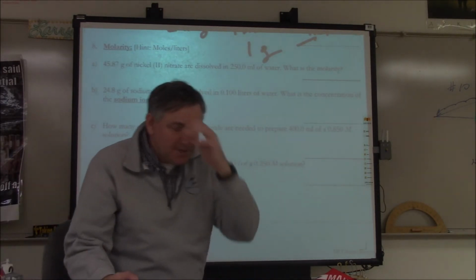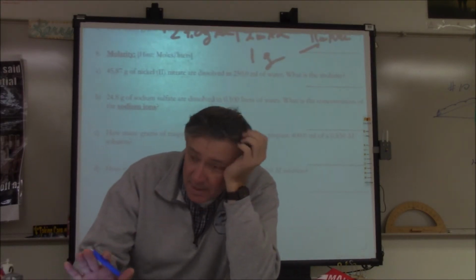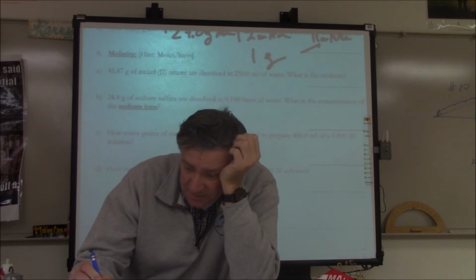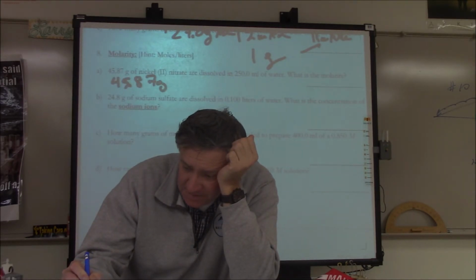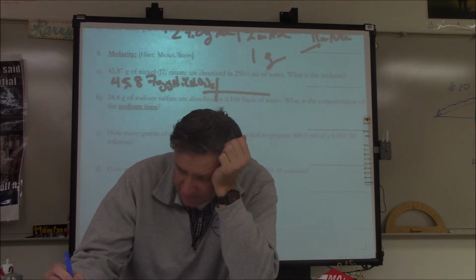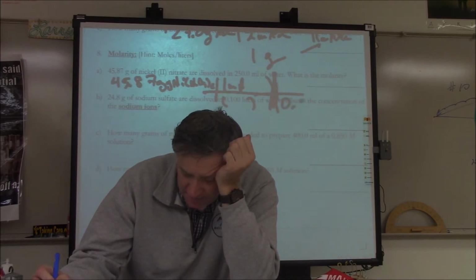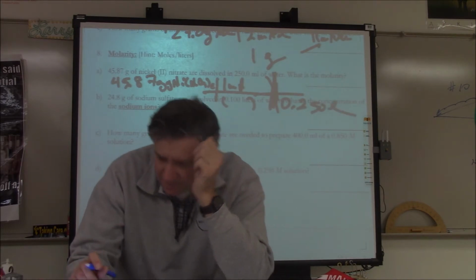Some people like to divide and conquer, some people like to do this as one big stoich problem. I prefer that you do it as one big stoich problem. Start with that 45.87 grams of nickel(II) nitrate, then put the molar mass of nickel(II) nitrate, that's 1 mole of nickel(II) nitrate, and then at the end, divide by 0.250 liters.